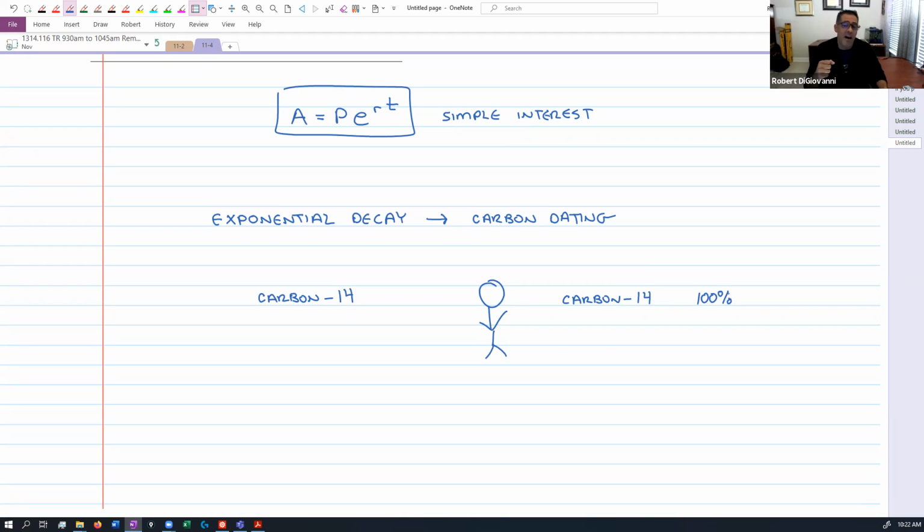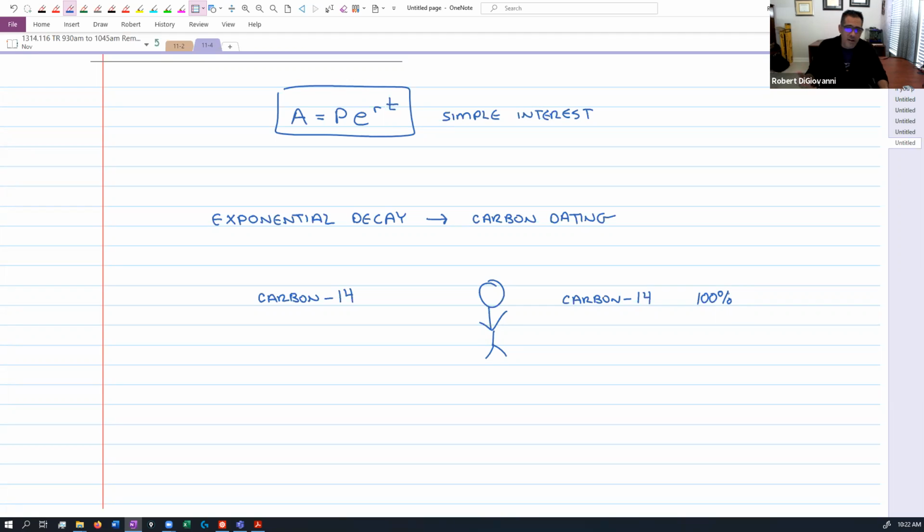As soon as I die, as soon as my life functions cease, my body can no longer generate carbon-14 because I'm dead. So the amount of carbon-14 in my body starts to slowly decline, and it takes time for it to go away.